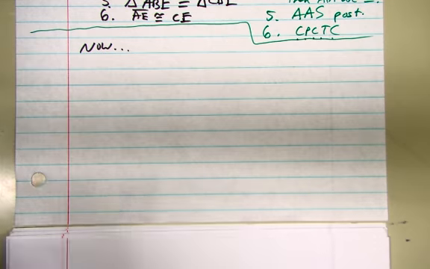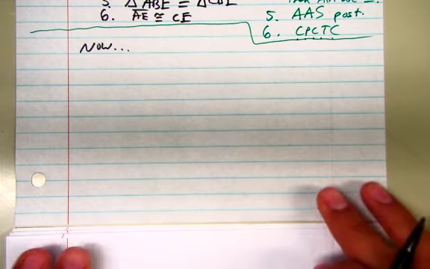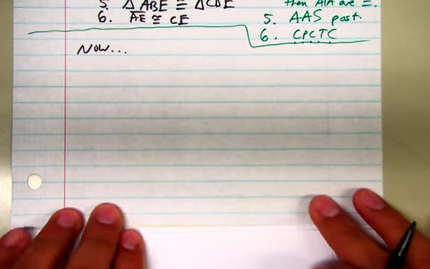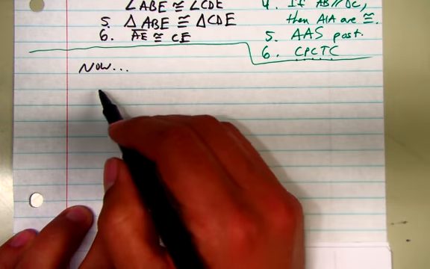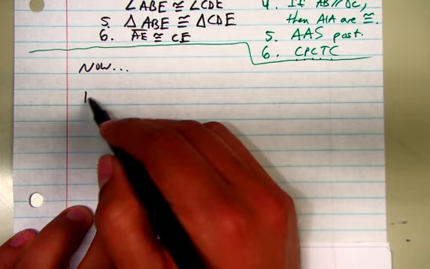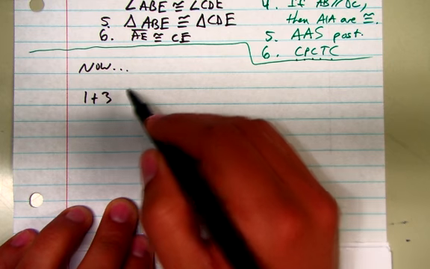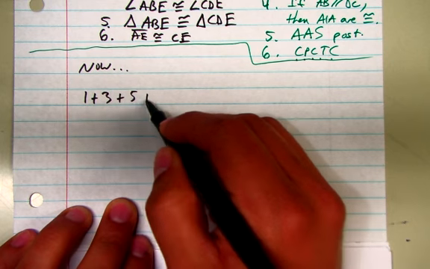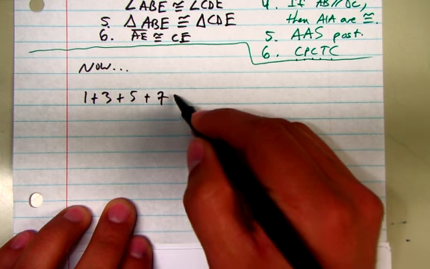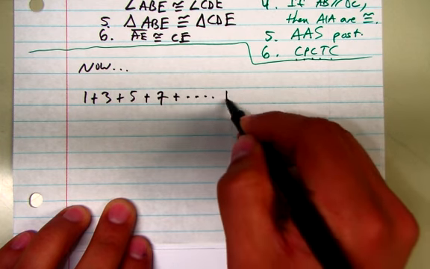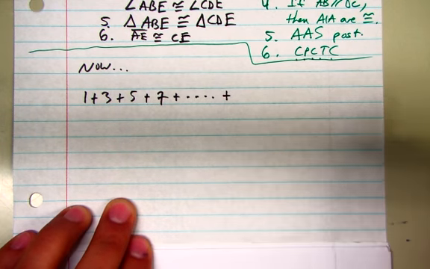we're going to have lots of general statements, not necessarily related to geometry, but they might look like this. Let's just look at a sequence of numbers, like 1 plus 3 plus 5 plus, what's the next number? 7. And so on. And let's say I go on for a very long time.